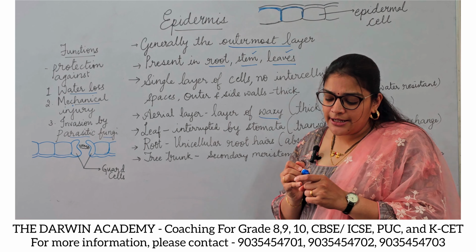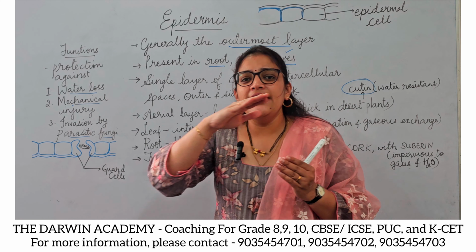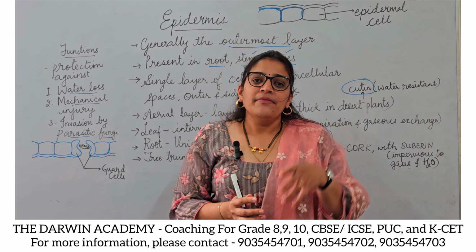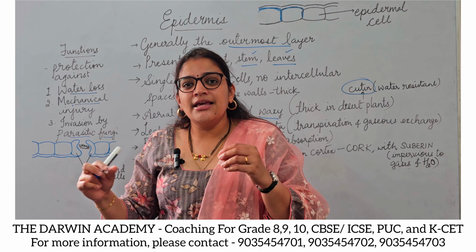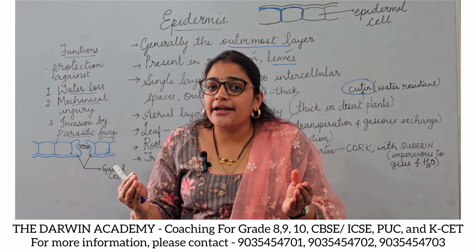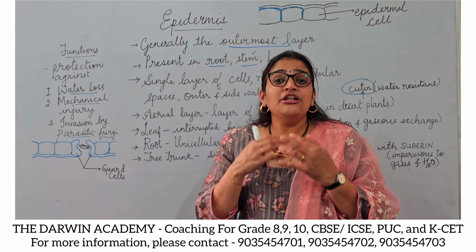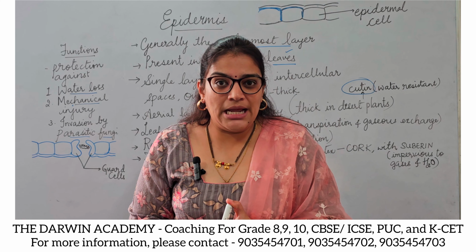I hope that is clear. And on top of the epidermal layer, we have a layer of wax, okay, and that layer of wax is made up of cutin. This cutin layer is thick in the case of desert plants, but why should that be so? In order to prevent water loss from the plants, isn't it?